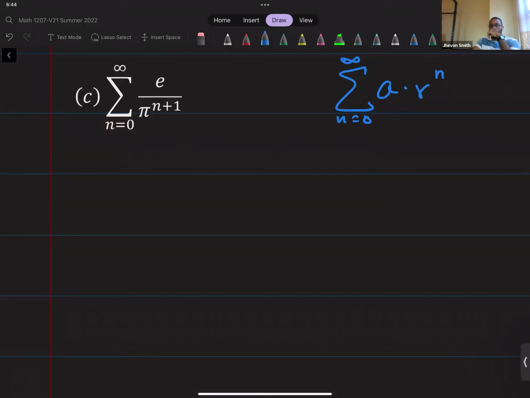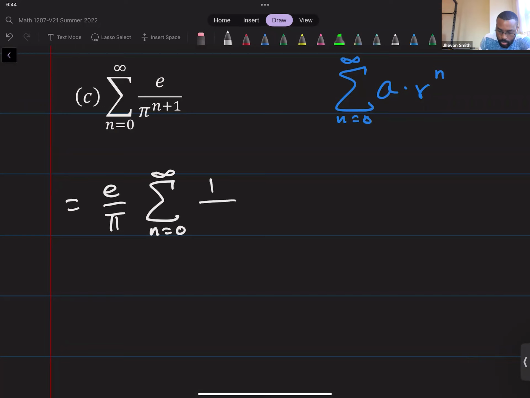You can pull out an e over pi. And we'd have what left? 1 over pi to the n.